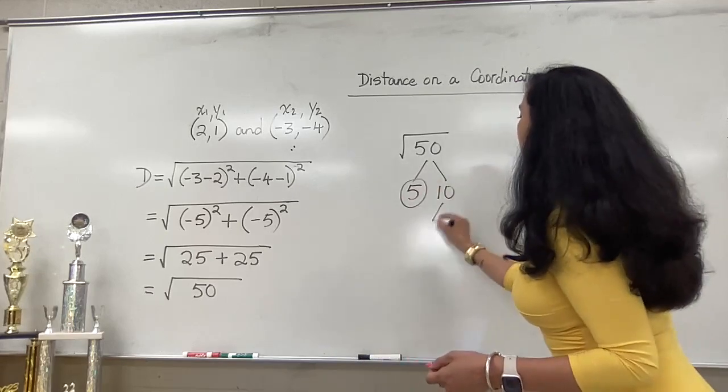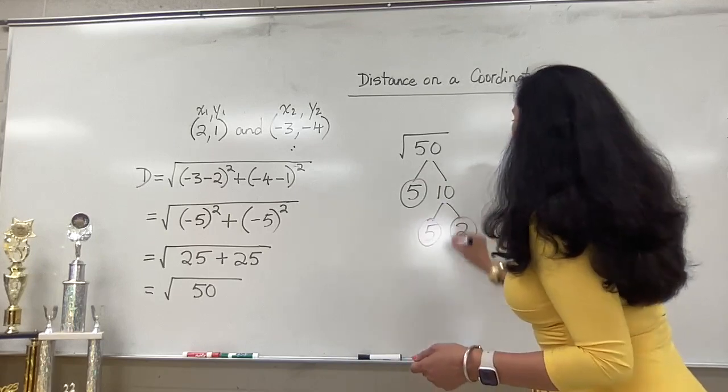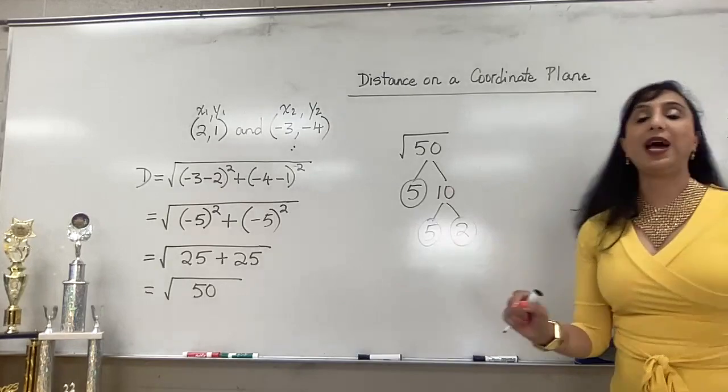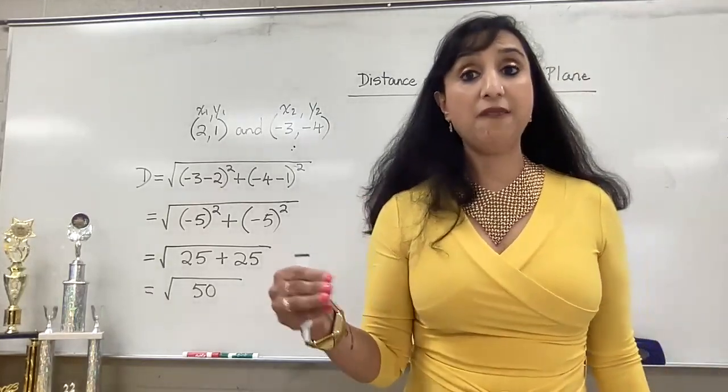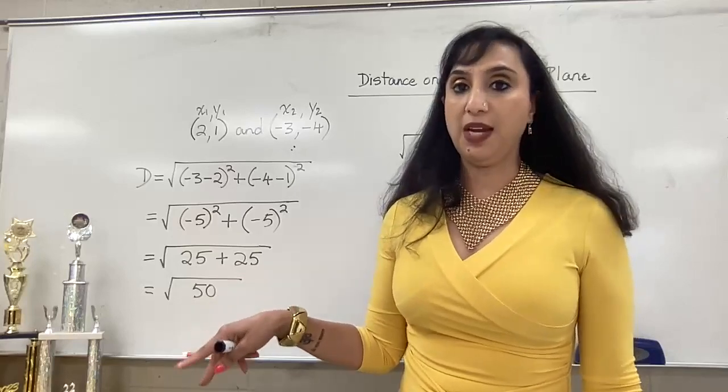This is prime, and then 5 times 2. Now these are the prime numbers. I can see that 5 times 5 is 25, and 25 times 2 gives me 50.